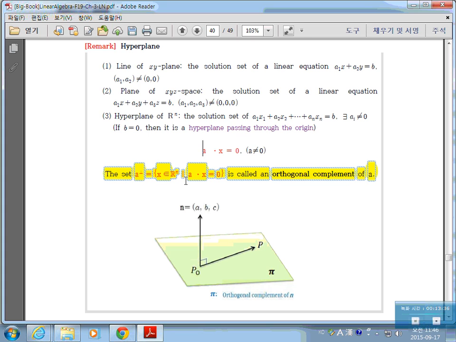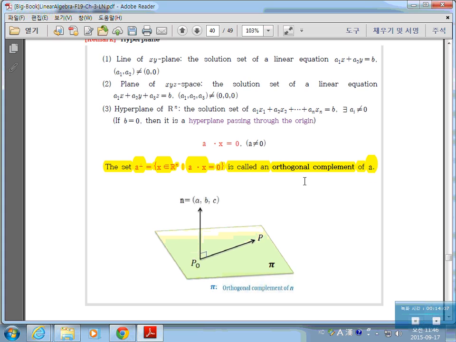So we denote it as a perp. The solution set that satisfies this is called the orthogonal complement of a vector a. So if you have a non-zero vector a, then the set of solutions for this equation is called the orthogonal complement of a.